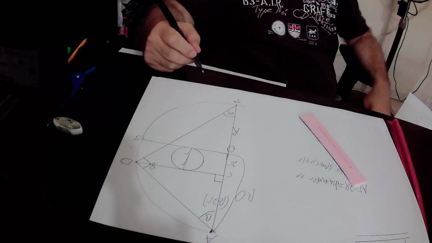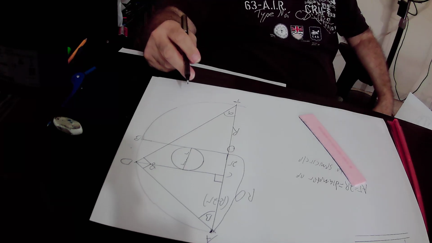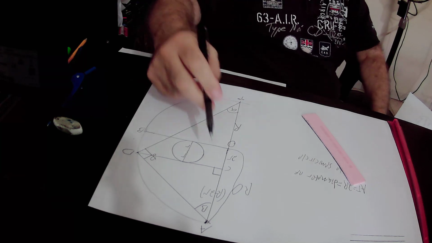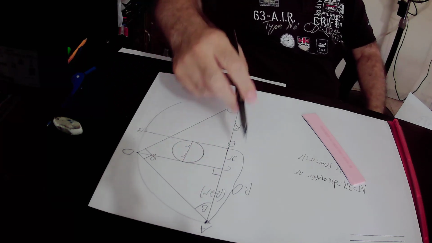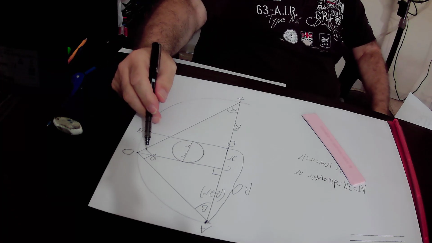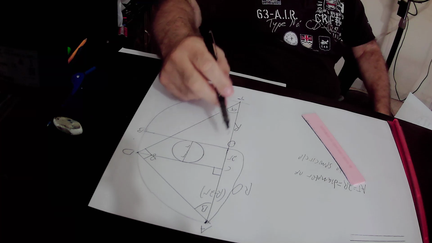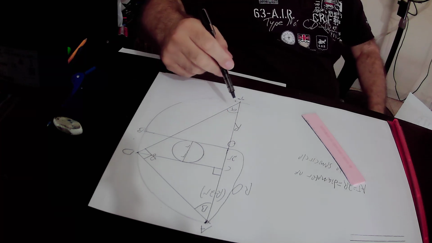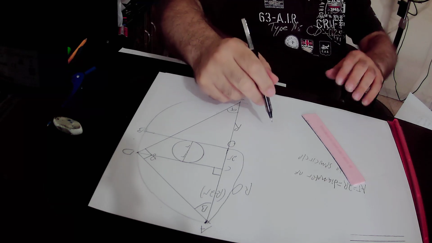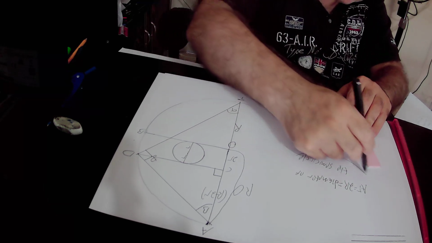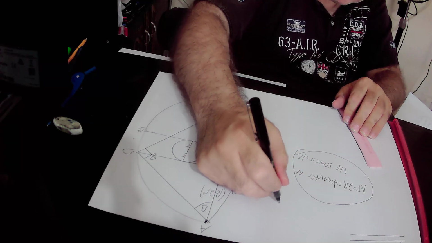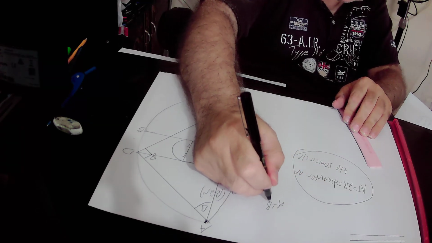We'll focus on the right triangle, triangle ADT. In the right triangle ADT, this angle equals 90 degrees. Therefore, the sum of the two other angles must be equal to 90 degrees. That is to say, alpha plus beta must be equal to 90 degrees.